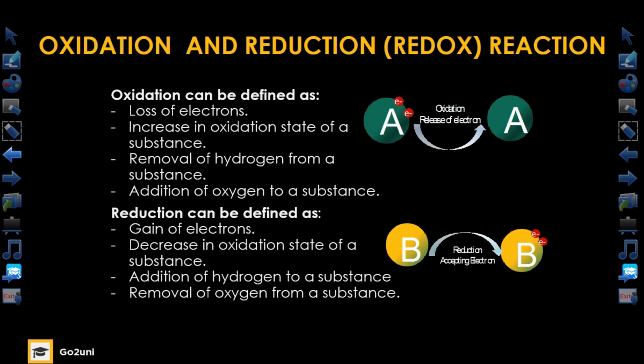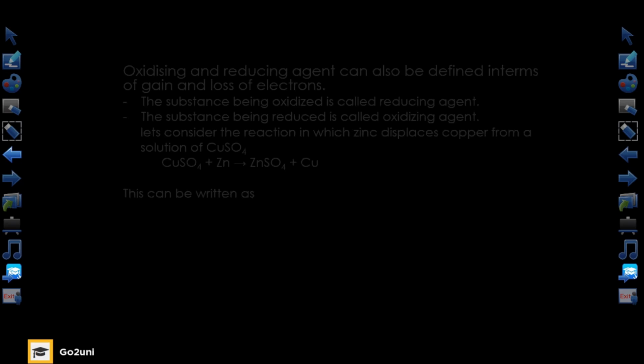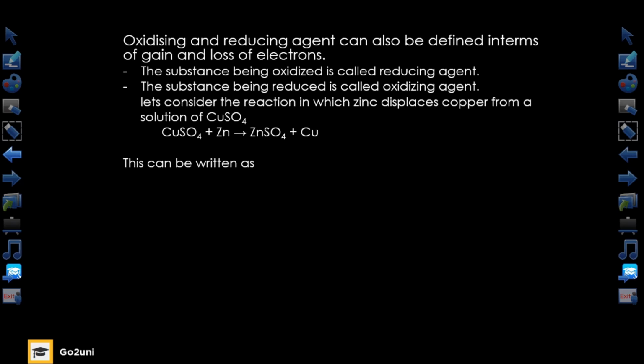Still talking about redox reactions, we need to understand what oxidizing and reducing agents are. They are also defined in the following ways. In terms of gain and loss of electrons, the substance that is being oxidized is called the reducing agent.